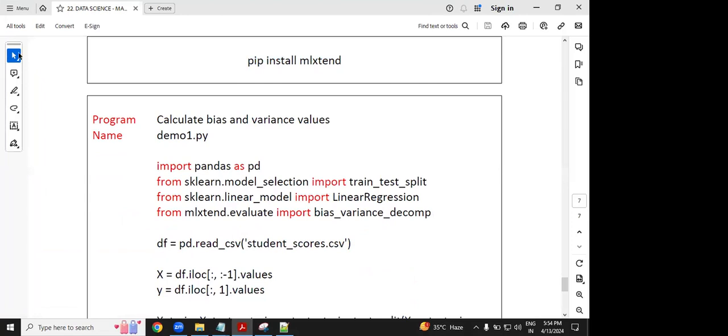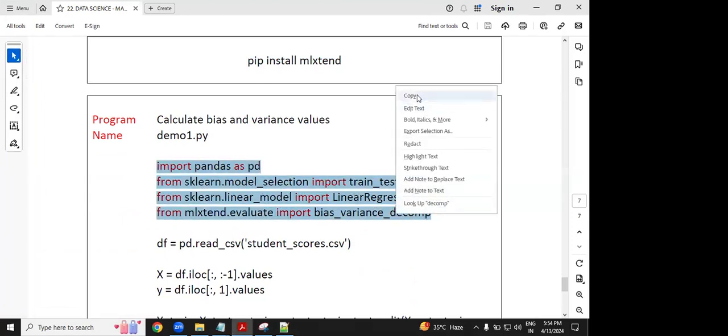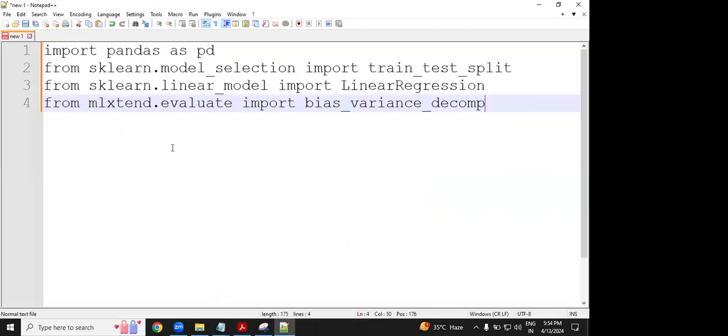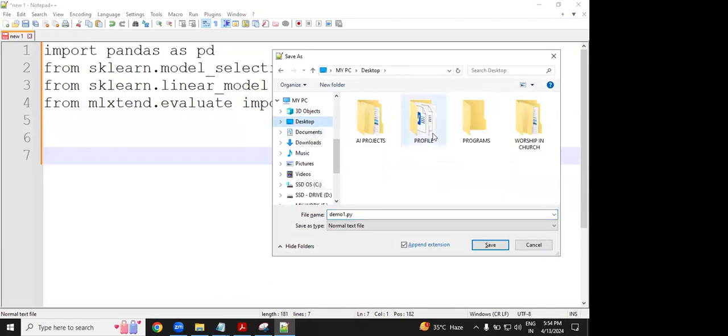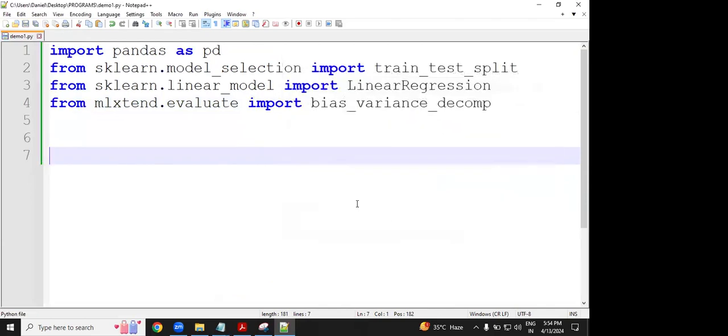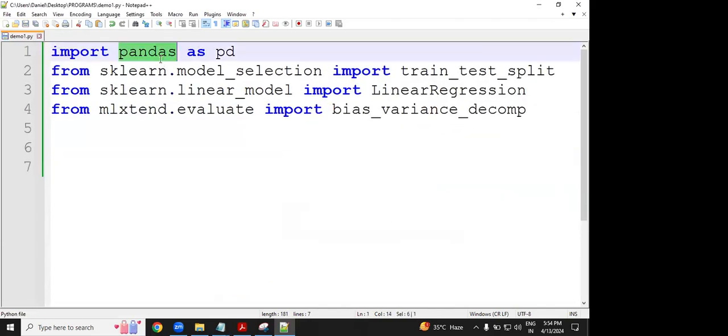Good. Now get ready. Let us just import the required libraries. We are importing the required libraries. Demo1.py. Good. I hope you already know. We are importing pandas and sklearn. Next one is mlxtend. I have a question for you. What is this?